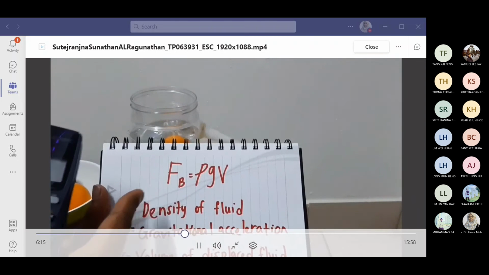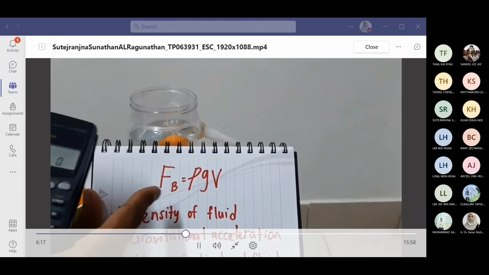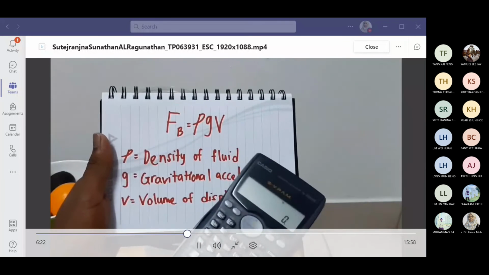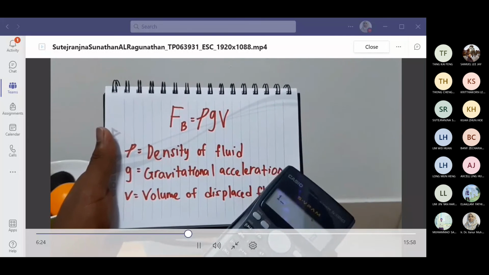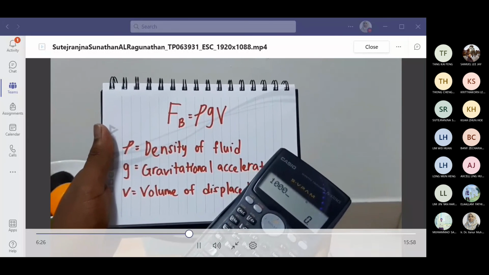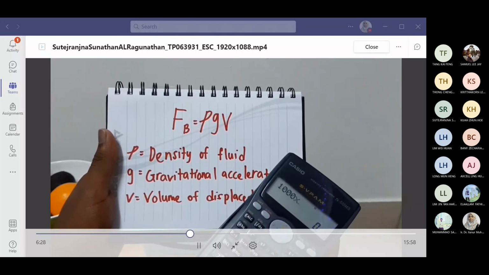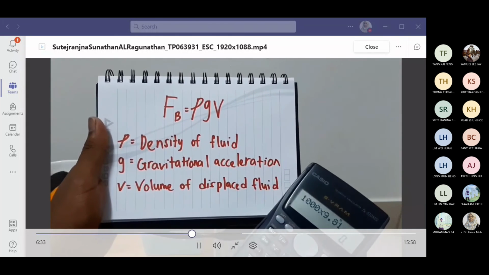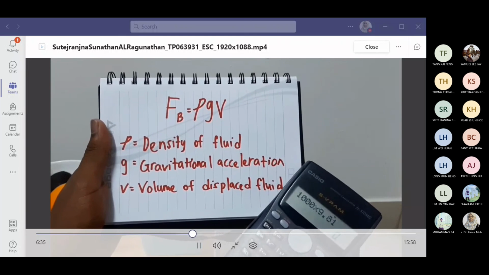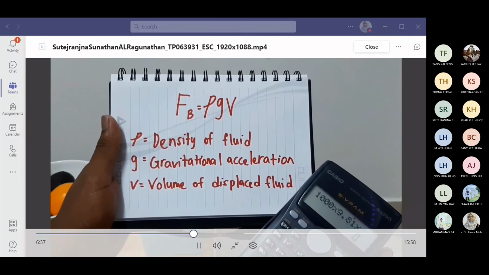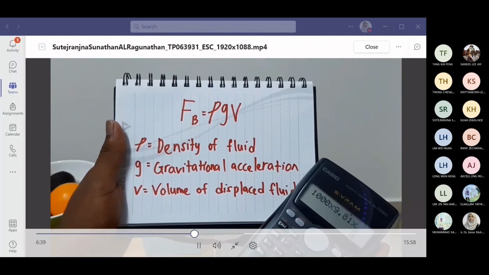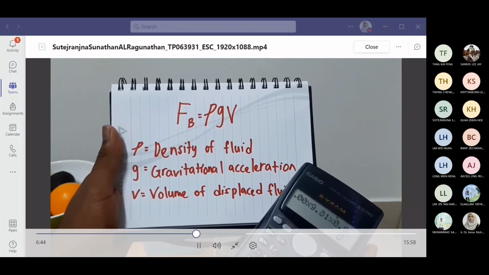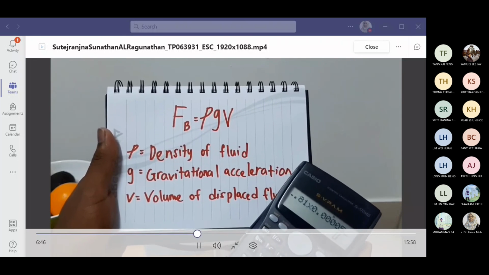by using this formula. So for the density of the fluid, we are going to be entering 1000, and for the gravitational acceleration, we're going to be putting 9.81, and for the volume of the displaced fluid, we're going to be putting the data we have received earlier, which is 0.00005 meter cube.